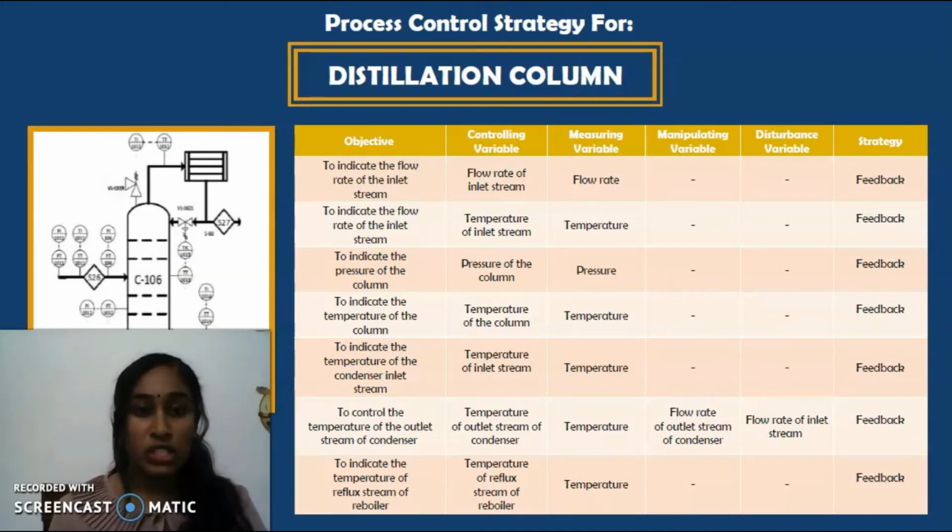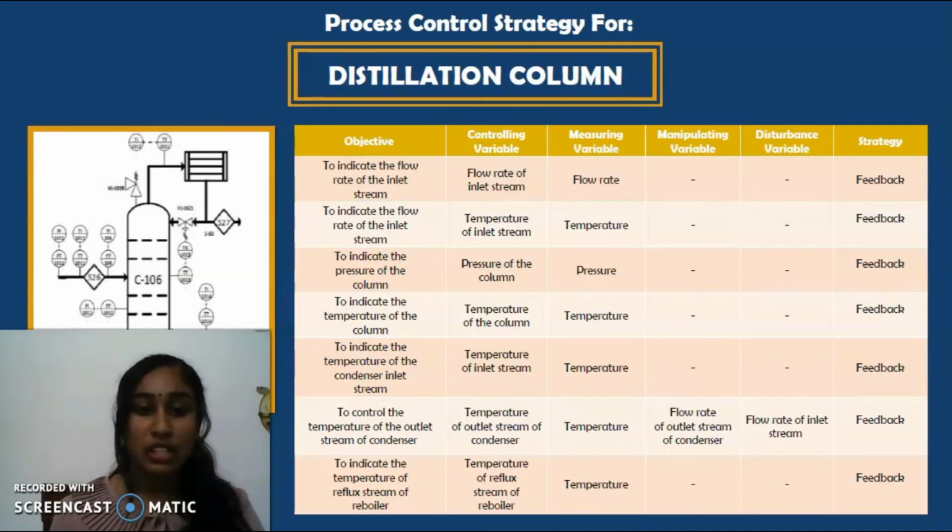The next one is the flow rate indicator to indicate the flow rate of the inlet stream with the controlling variable of temperature of inlet stream. Next is the pressure indicator to indicate the pressure of the column with the controlling variable of pressure of the column. Next one is to indicate the temperature of the column with the controlling variable of temperature of the column.